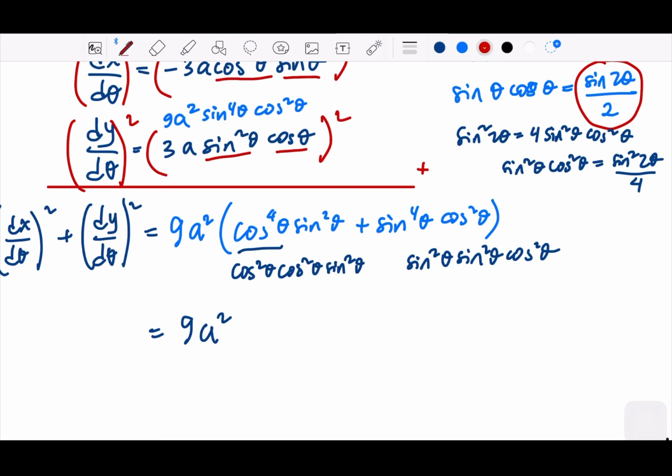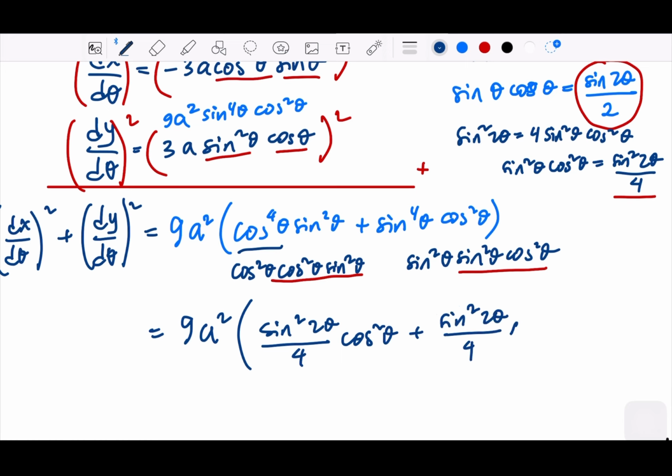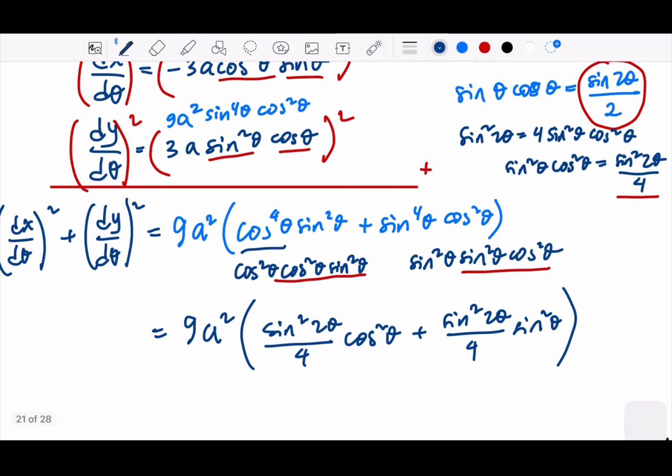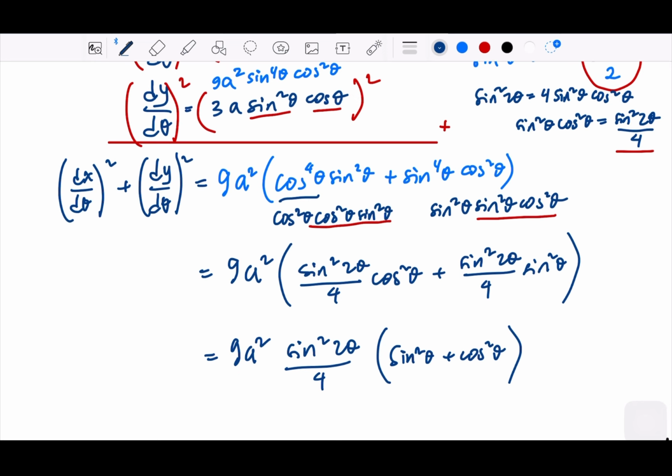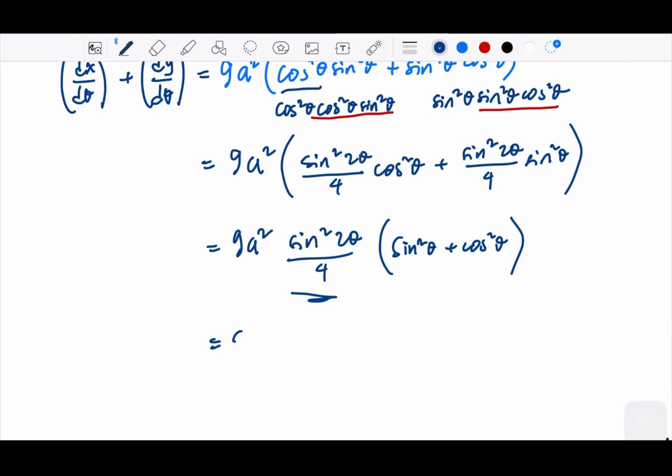So we have sine squared 2 theta over 4 cosine squared theta plus sine squared 2 theta over 4 sine squared theta. We can move this out, and then this will be sine squared theta plus cos squared theta, which we can exchange into 1. So this will be 9a squared sine squared theta cos squared theta.